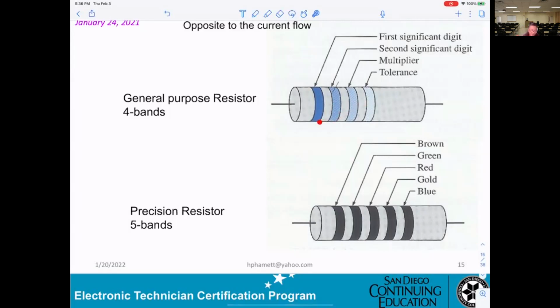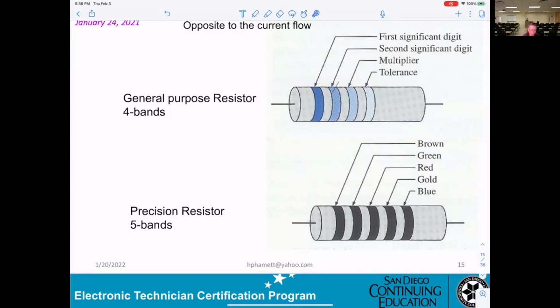You can see on this one here, 1, 2, 3, 4 bands. The first band is the first significant digit, the second band is the second digit. The next one is the multiplier, and the next one is the tolerance.